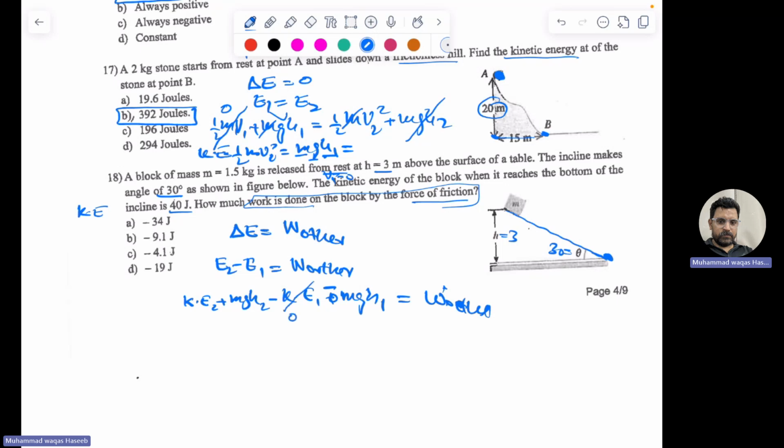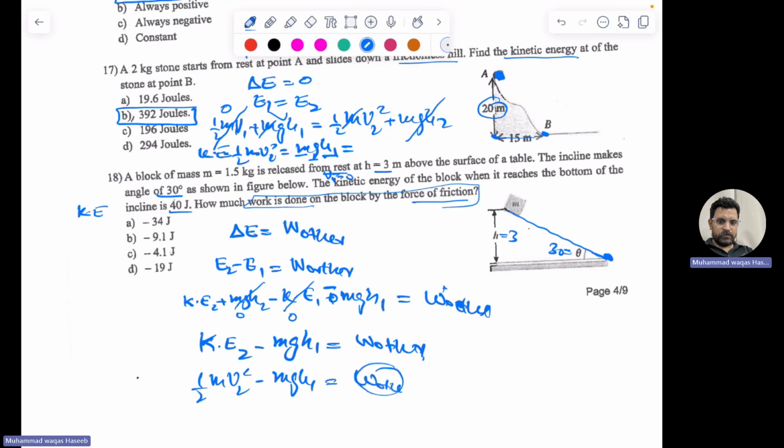Initially it starts from 0 velocity, so its kinetic energy is 0, and it ends at 0 height. So we get K2 minus mgh1 is your work other. We substitute the values again, 1/2 mv2 squared minus mgh1 equals work other, and this work other is the work done by the friction.